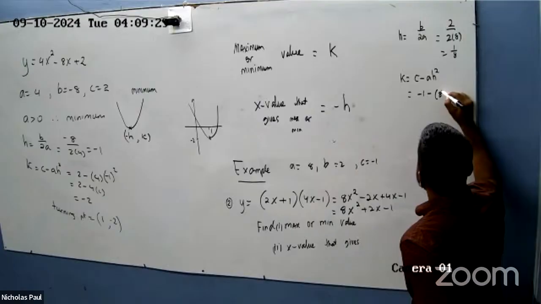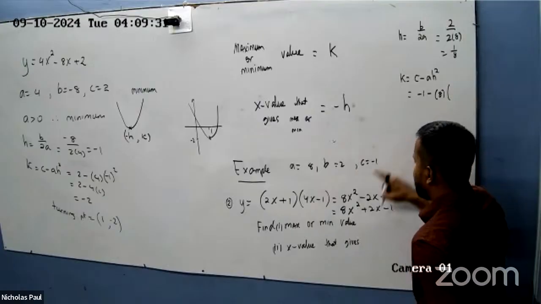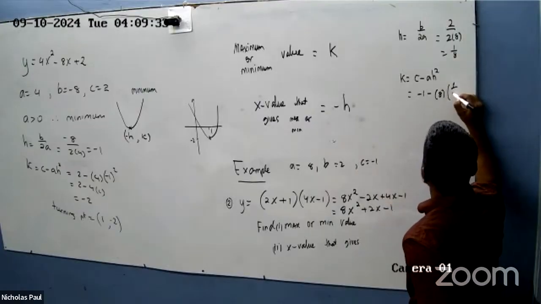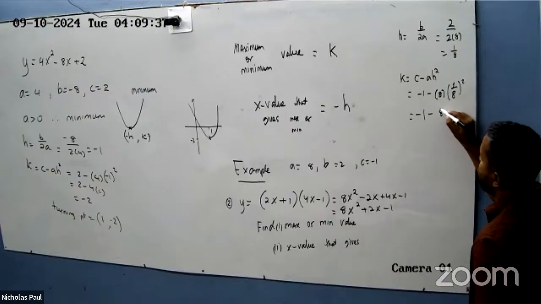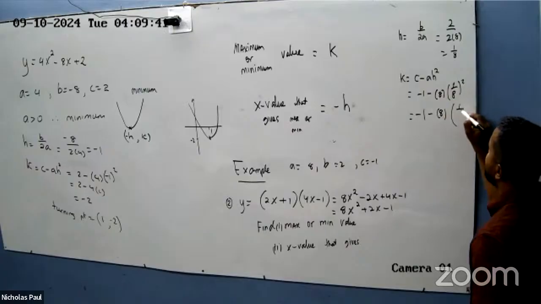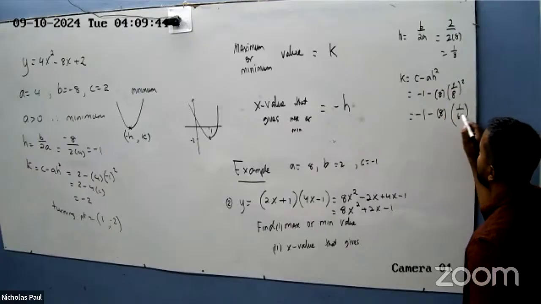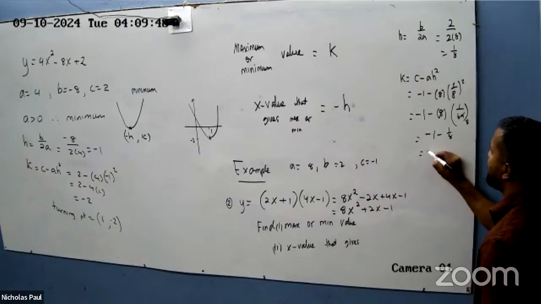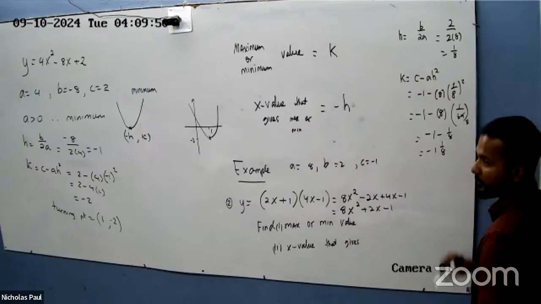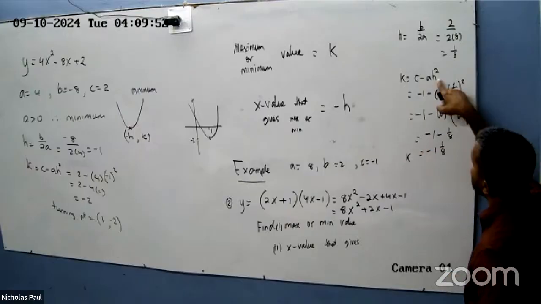A was 8 and H is 1/8 squared. So that's minus 1 minus 8 times 1/64. This will cancel. You'll get minus 1 minus 1/8. So you have H and you have K.